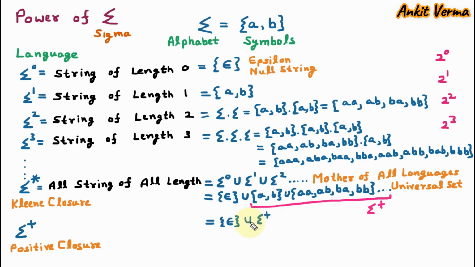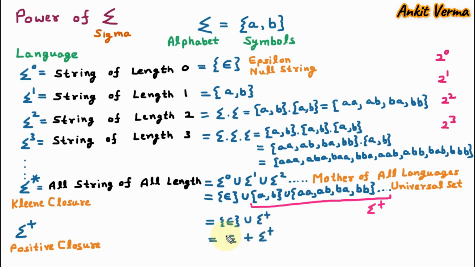This union is the concatenation, which can also be represented using the plus sign. So that is equal to epsilon plus sigma plus.